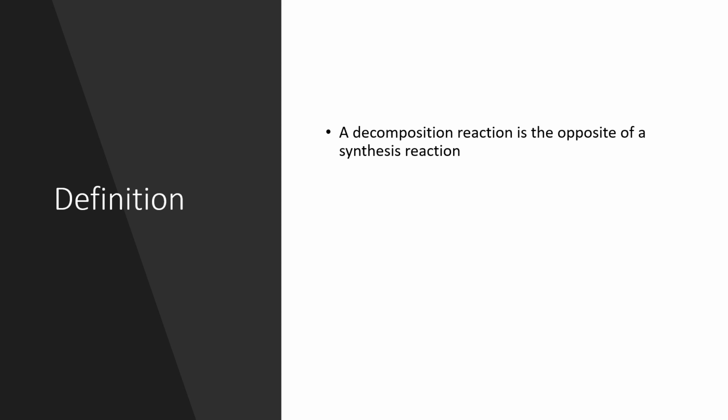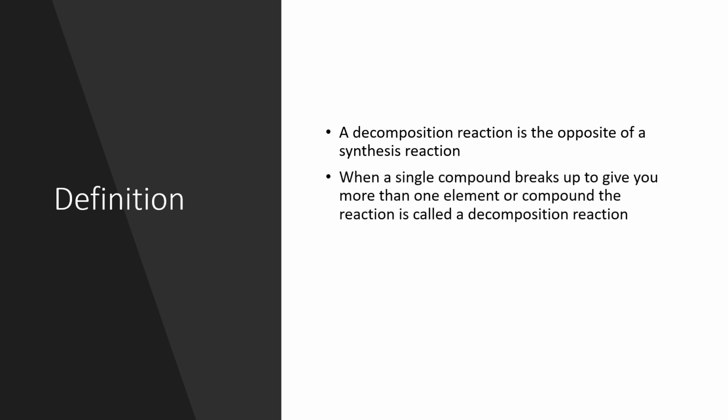It is breaking down of the compound into simpler elements. When a single compound breaks up to give you more than one element or compound, the reaction is called a decomposition reaction. Usually, there is a single reactant and more than one product. That's how you can identify a decomposition reaction.